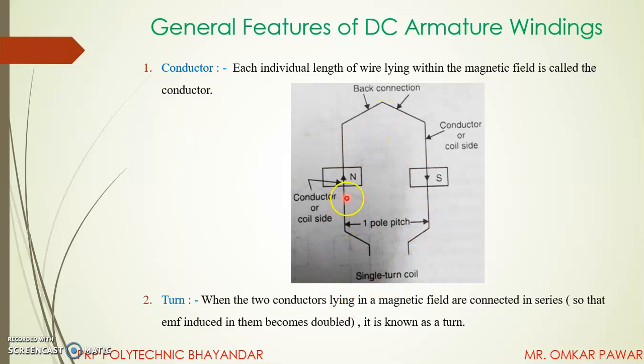So the EMFs generated are added or become double. Suppose the EMF generated in this conductor is 5 volt and in this conductor is also 5 volt. So this 5 plus 5 volt gives a total of 10 volts. So it is known as a turn. So this is a single turn.